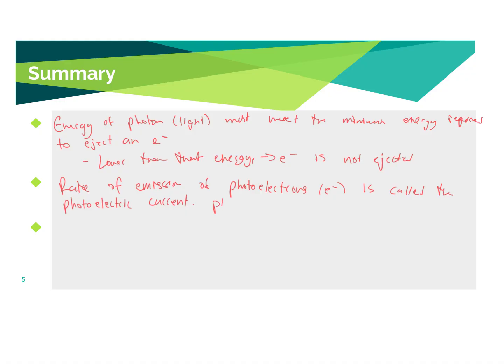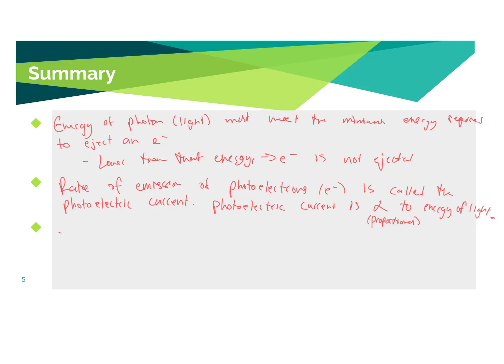And that photoelectric current is proportional to the intensity of light, or the energy of the light. And so the rate of how often your electrons are emitted is directly proportional to the energy of the light that hits that metal surface.